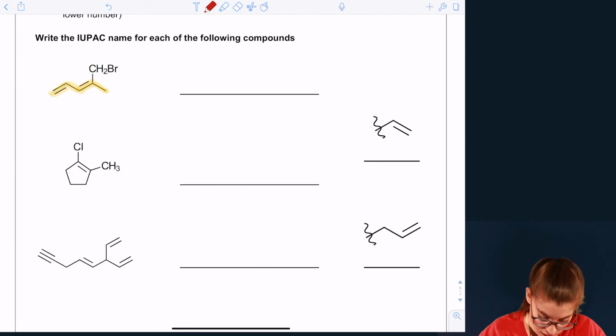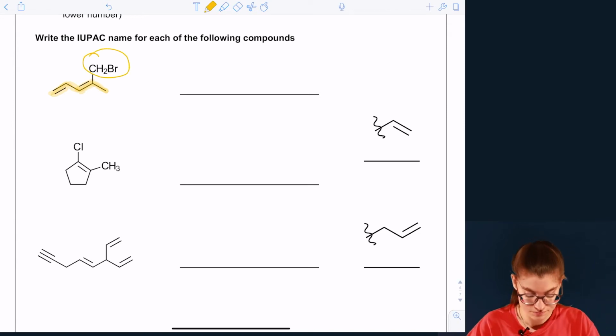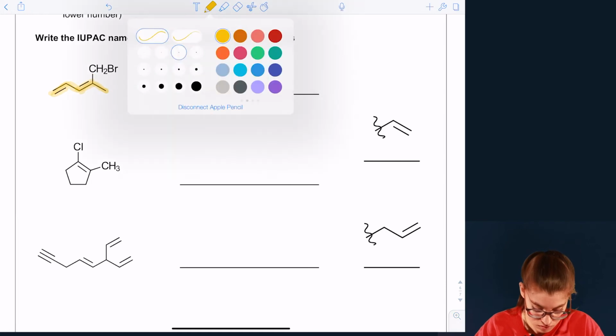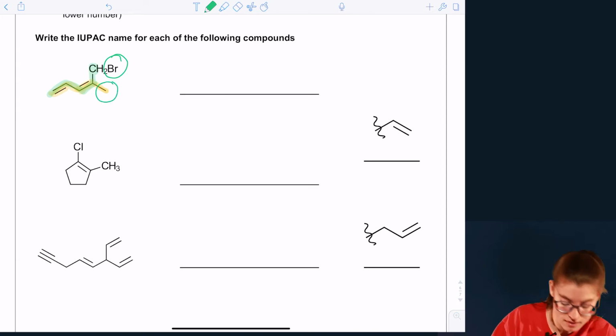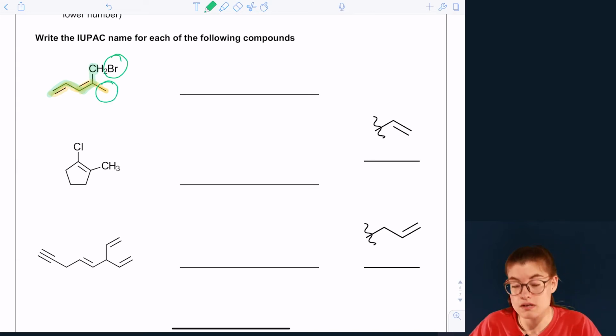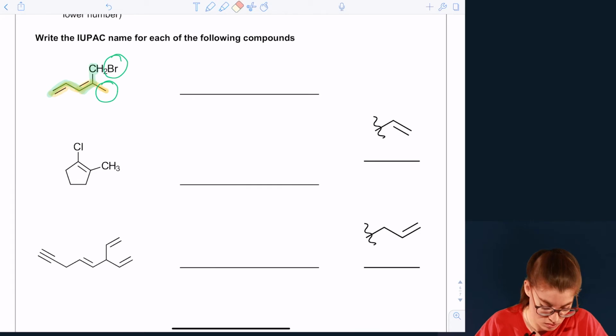So the yellow one has just this substituent, okay? Now the green one though, has a bromo as a substituent and a methyl as a substituent. So the green way has 2 substituents.